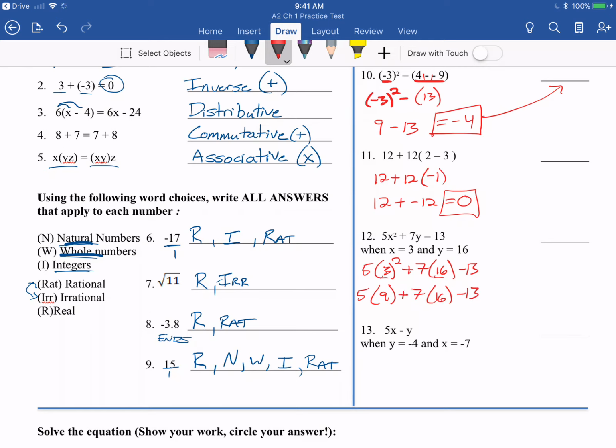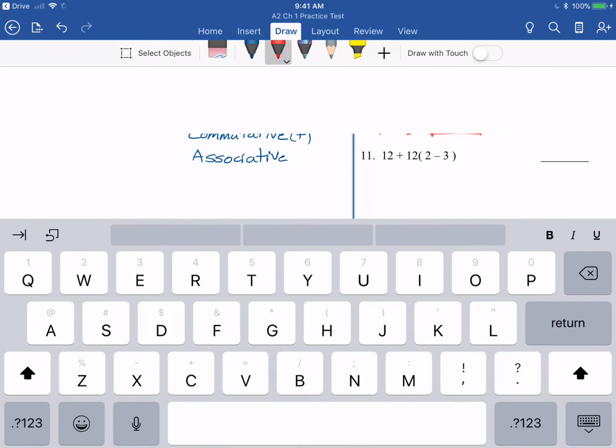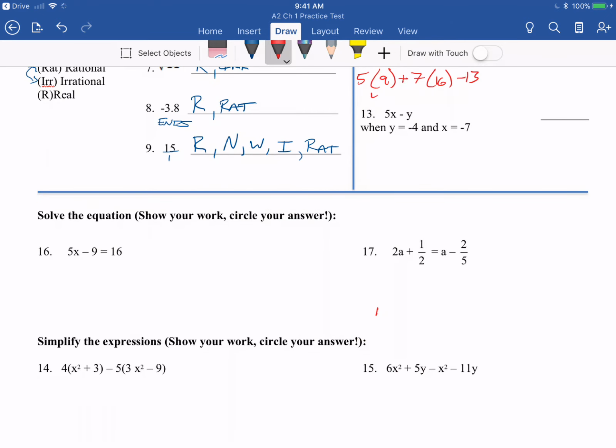Okay, 5 times 9 is 45. Oh, this is 45 plus 7 times 16. You can plug that in your calculator. That is 112 minus 13. So now I have to add and subtract straight across from left to right. So 45 plus 112, then minus 13. That is going to be 144.